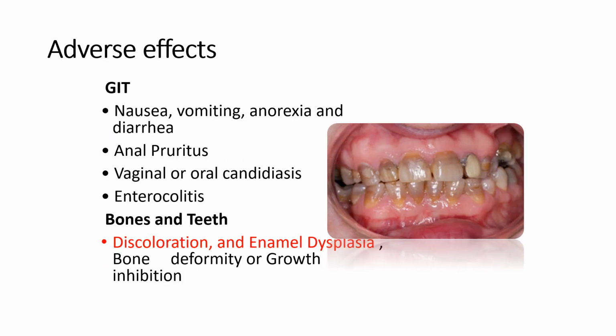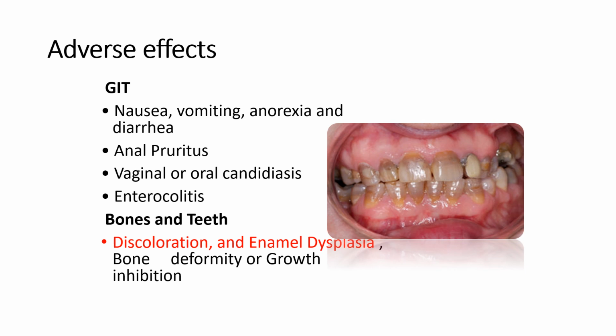The adverse effects include those of the gastrointestinal tract: nausea, vomiting, anorexia and diarrhea, anal pruritus, vaginal or oral candidiasis, and enterocolitis. As the picture shows, it also has some adverse effects on bones and teeth like discoloration and enamel dysplasia.